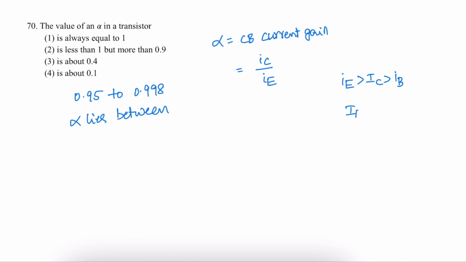The relation is emitter current is collector current plus base current. The base current is in microamperes, while collector current and emitter current are in milliamperes, so there is only a very minute difference between emitter current and collector current. So alpha is less than 1 and its value lies between 0.95 and 0.998. It is less than 1 but more than 0.9. So the correct option is 2.